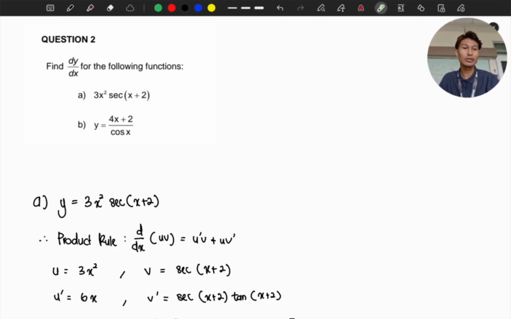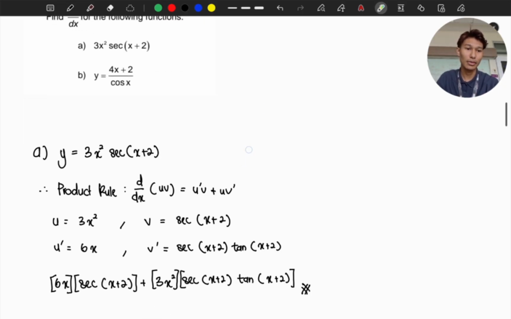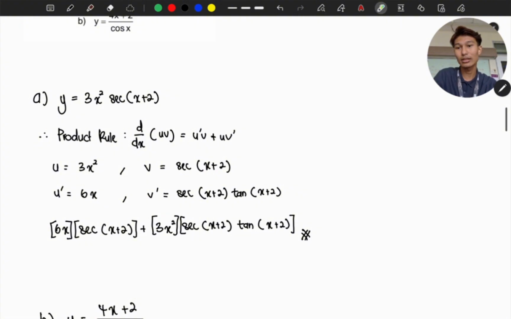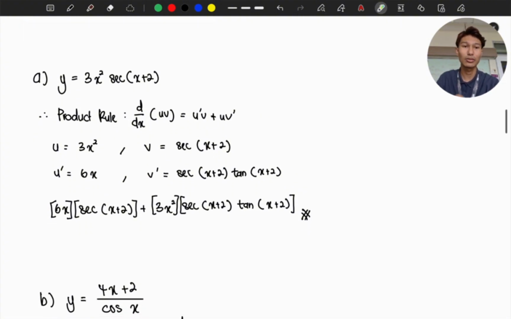On this part, I'll be solving question 2, where we are asked to differentiate two functions. Okay, now we start with A. The question is y equals 3x squared secant x plus 2. Like Zamirul said in the first question, we use the product rule, d over dx of uv equals u prime v plus u v prime.